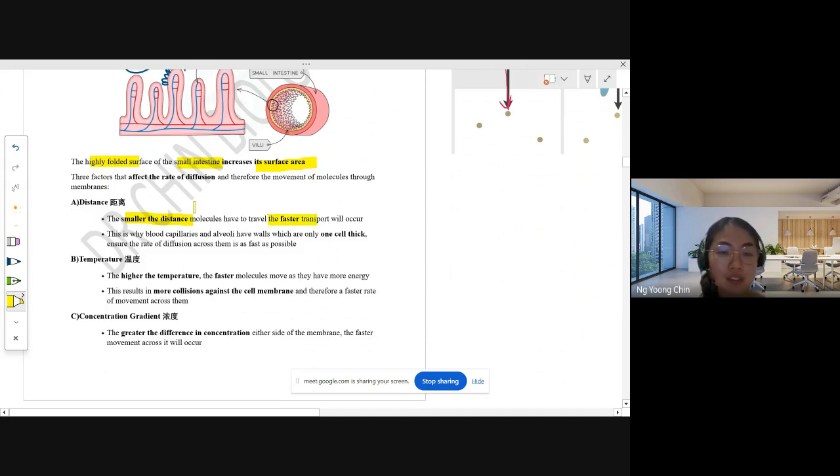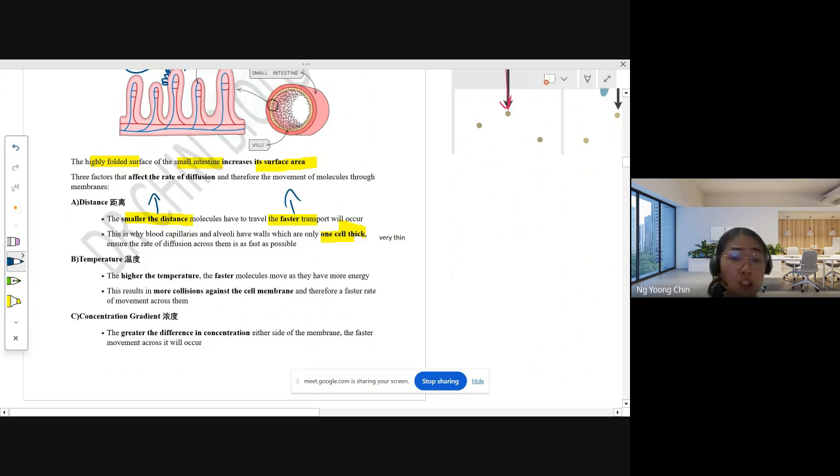This is why the walls of the blood capillary and the alveolus are one cell thick, which means very thin, just like the thickness of one cell. Remember, smaller distance, shorter distance, faster diffusion.